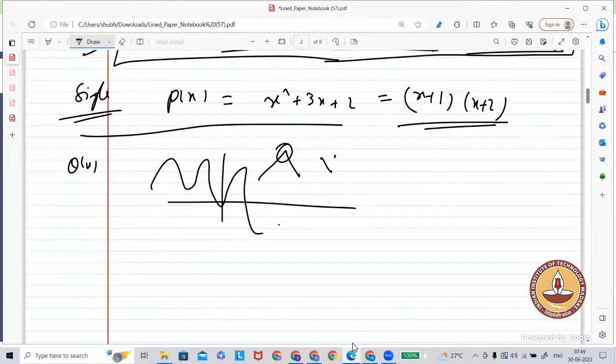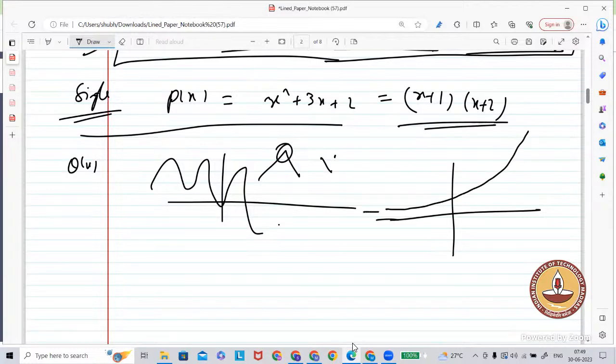Even if you study week 5, you'll see a graph of the exponential is like this.